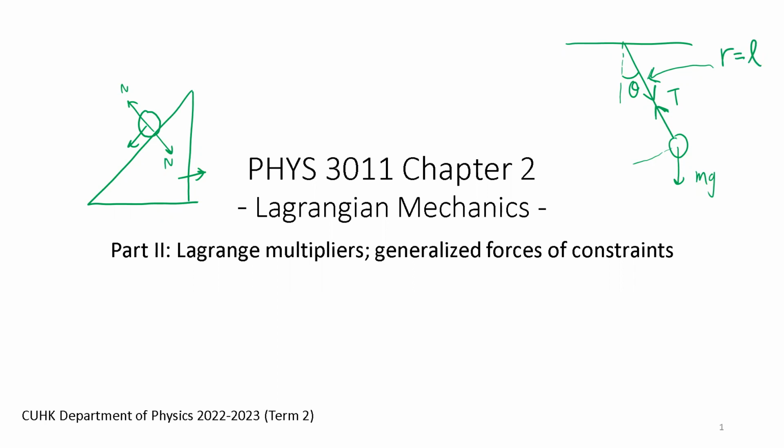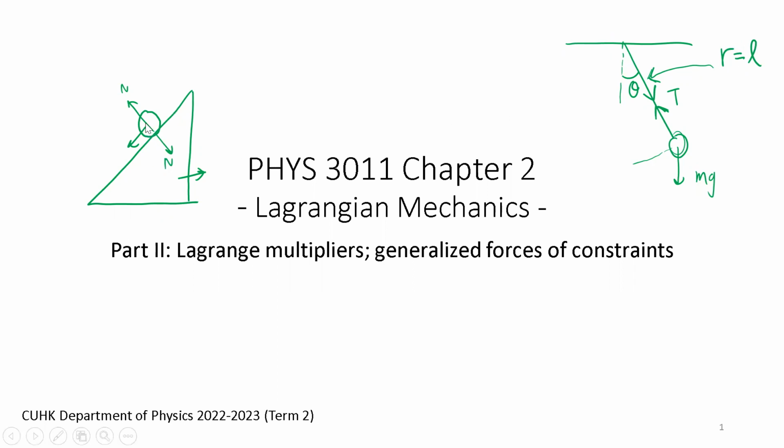So the radial position of this particle has to always equal L. So the information of this force of constraint is actually hidden in your constraint equation.